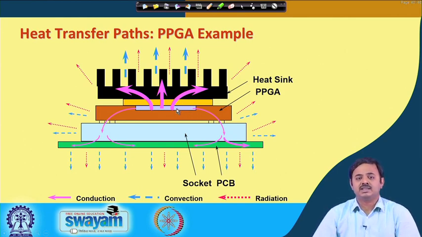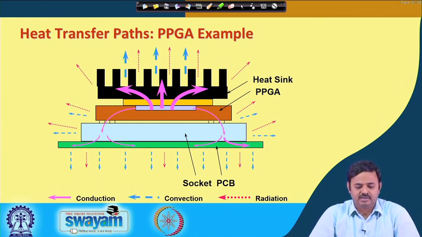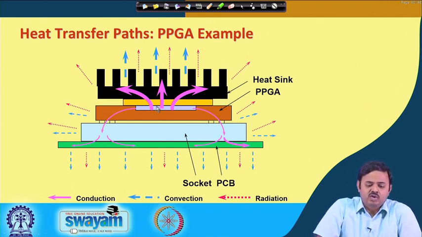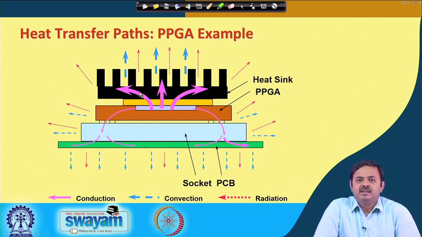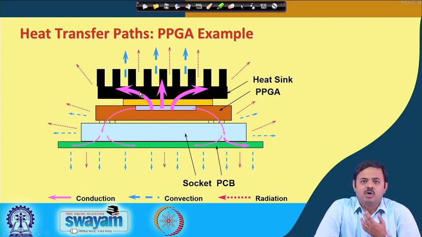And you can see that this is extremely complicated. Okay. It can flow by conduction from this piece of silicon to the copper, and then to the heat sink, and finally from the heat sink to the ambient. Okay. So, conduction is denoted by pink, and from heat sink to the ambient will be by convection, which is denoted by blue. But again, remember that radiation also occurs. Okay.